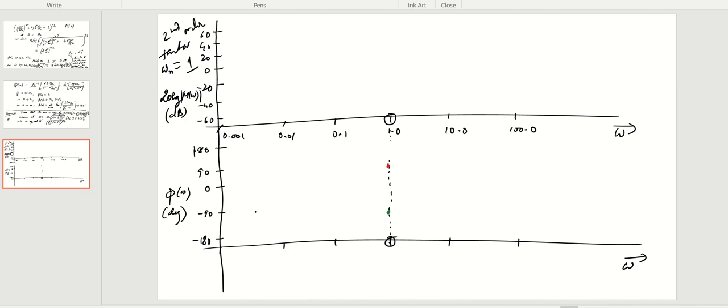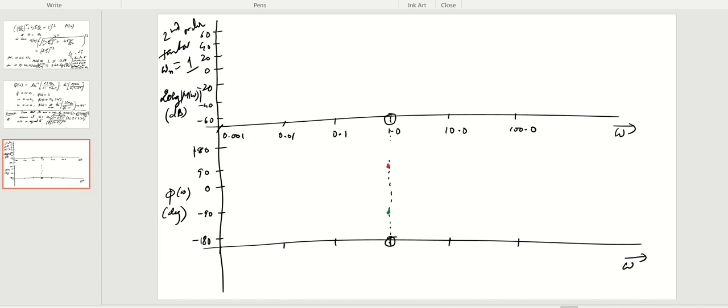So let me just go up to one fifth of the way up, maybe a decade up. I'll just go a decade up here. Remember, this is completely arbitrary. When you're drawing asymptotes, it's an approximation.